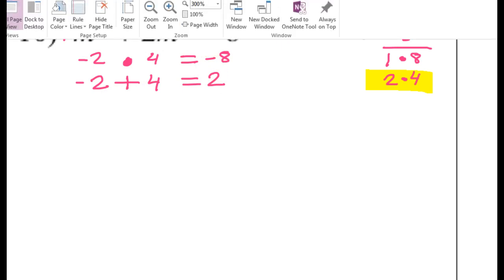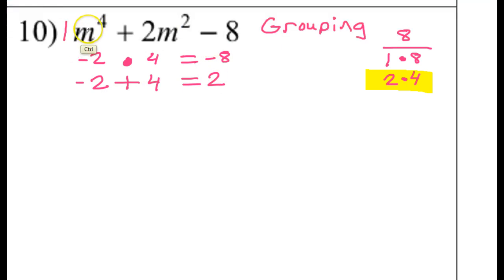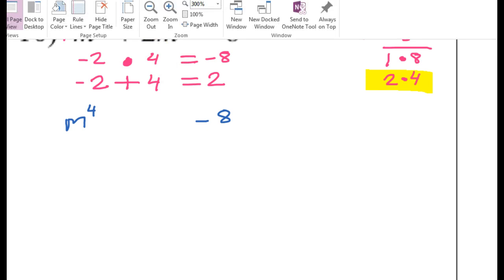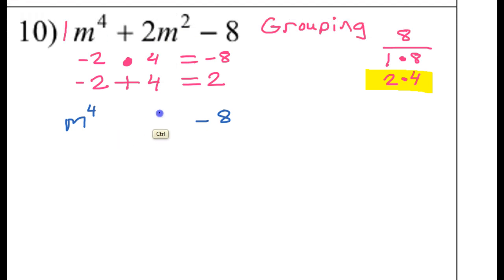Now, for the grouping method, I take the first term and I bring it straight down. So I'm going to have m to the 4th power. I take the last term and I bring it straight down. So there's my -8. Now, instead of bringing the middle term straight down, I actually need to split the middle term up into 2 different terms using these numbers that I just found.